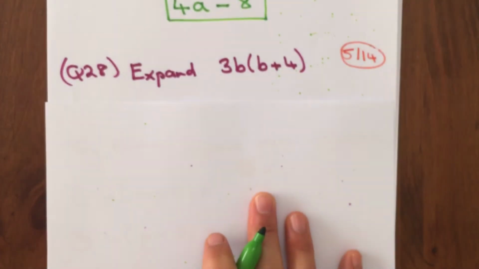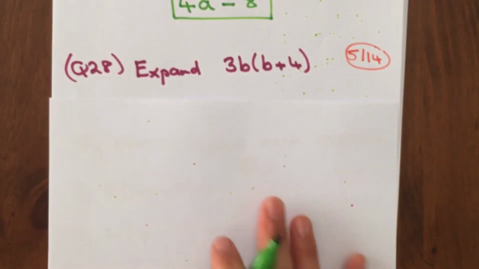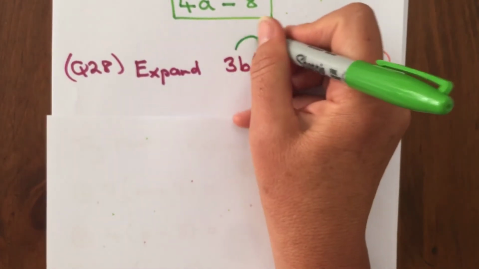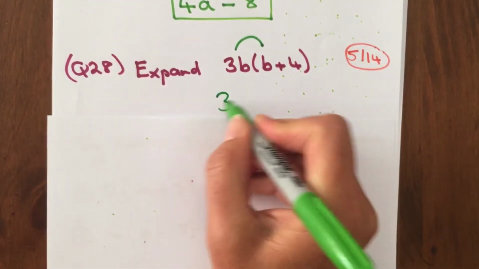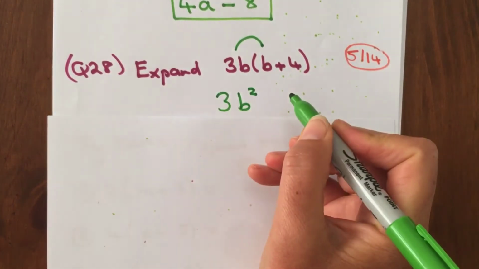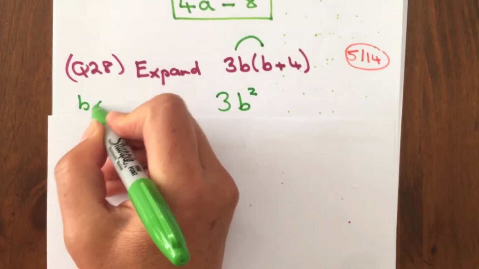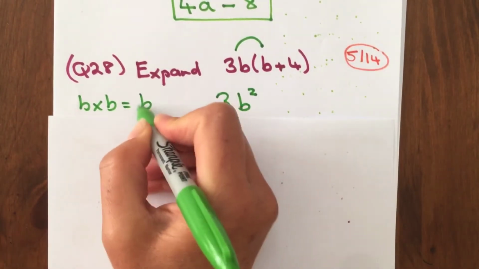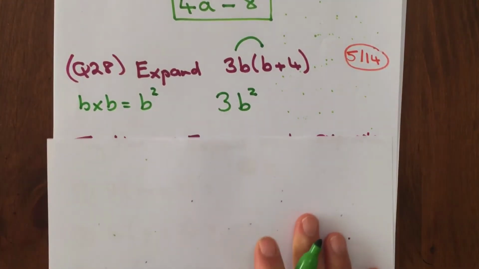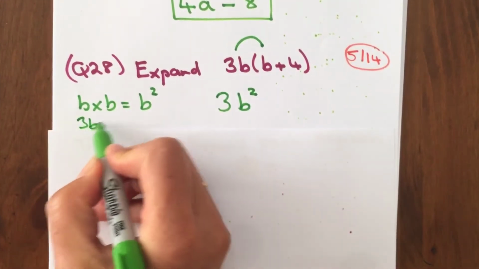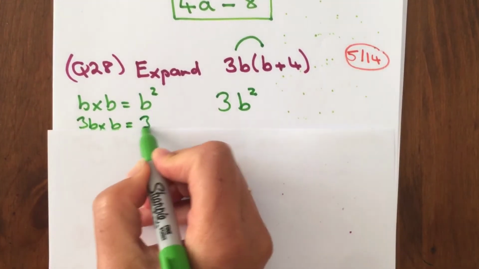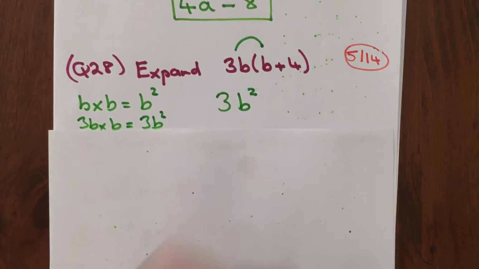Okay, again, 5 of you got this harder one correct. 3b times b is 3b squared. Remember, b times b is b squared.